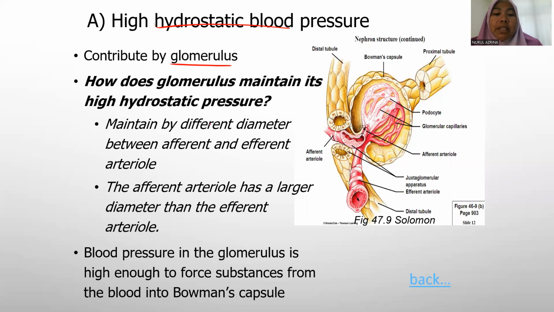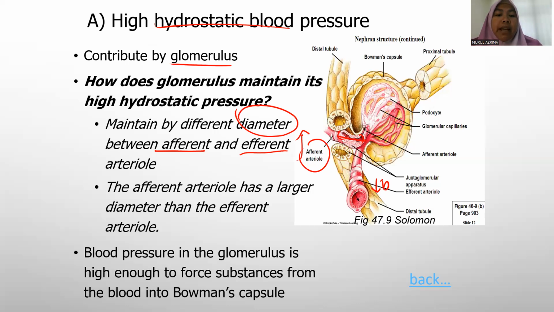That is because of the different diameters between the afferent and efferent arteriole. For your information, the afferent arteriole has a larger diameter compared to the efferent arteriole. The larger diameter of the afferent arteriole provides enough high pressure to force the blood out of the capillary of the glomerulus.